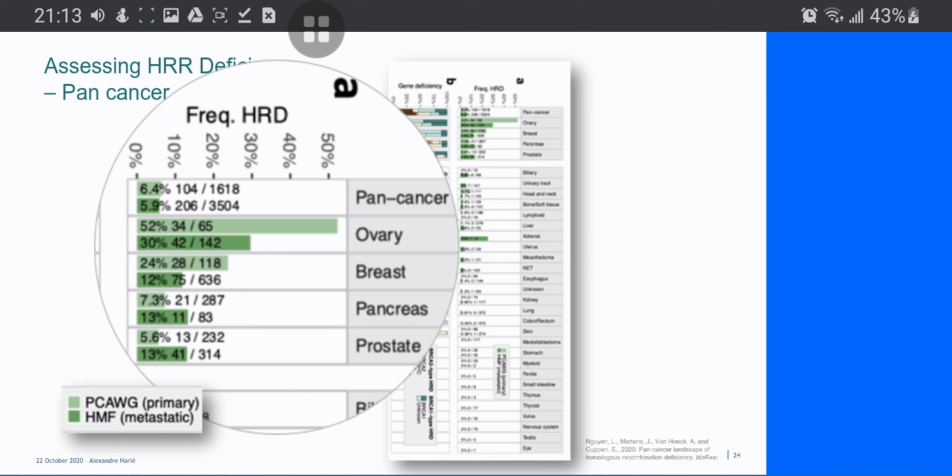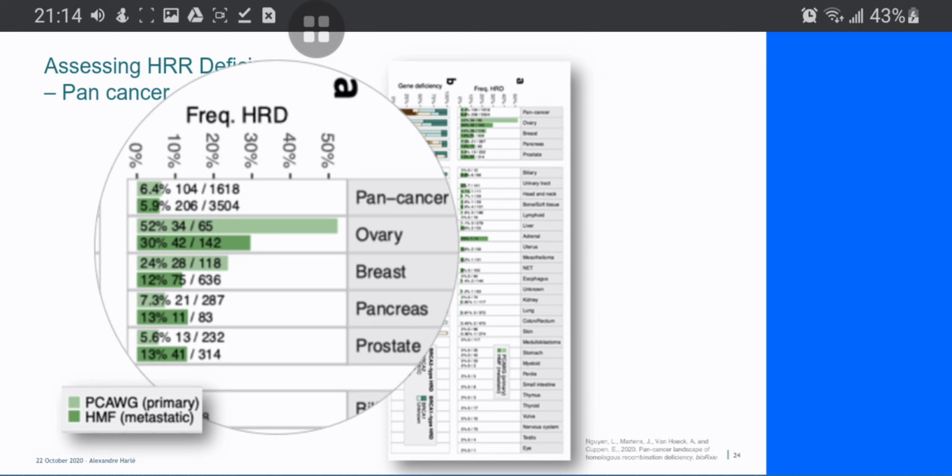In ovarian cancer, breast cancer, pancreatic cancer, and prostate cancer, you can see that HR deficiency is quite frequent: 52 and 30% for ovarian, 24 and 12% for breast cancer, 7.3 and 13% for pancreatic, and 5.6 and 13% for prostate cancer. If you consider all types of cancer, it's only around 6% of HR deficiency.